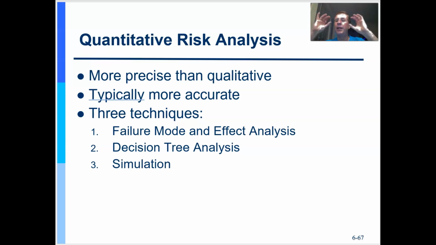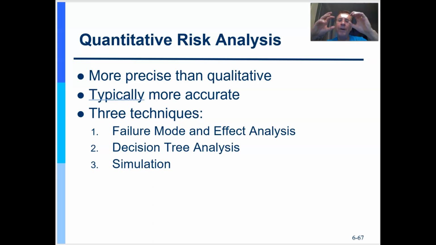Now, once I've reprioritized my risk register using qualitative analysis, for the very top risks with the highest probability and the highest impact, I'm probably going to do quantitative analysis, which means I'm going to get more detailed. I'm going to collect market research. Qualitative analysis was really based on what's called subjective expert judgment, a best guess, which is usually pretty good. It's good enough to rank order them.